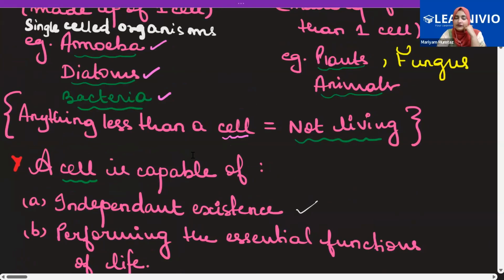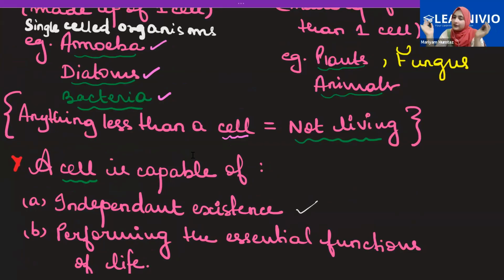Now see, if there is no cell, then you will not take that particular organism as a living organism. Anything that is less than a cell is not considered living. Don't we say that the basic requirement for a human to live is food, water, clothes, and all of that?